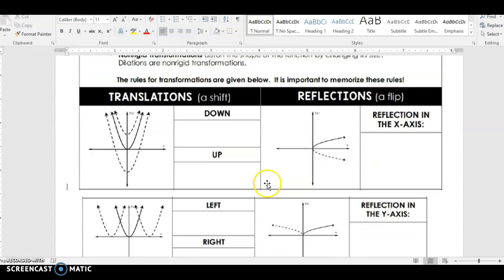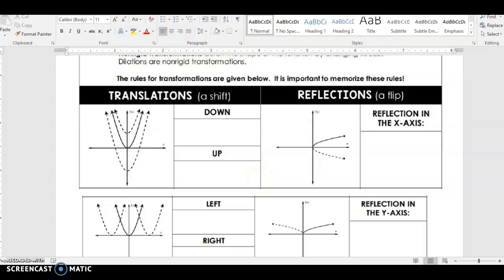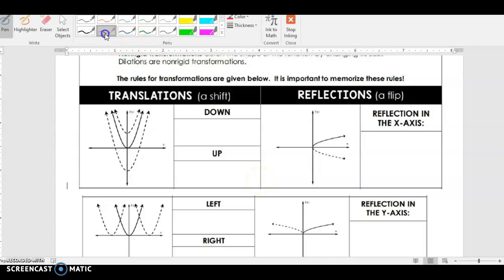Here, let's quickly write this. I'm going to take the tools. So here, let's say k. K is for the translation, k units up or down, right?